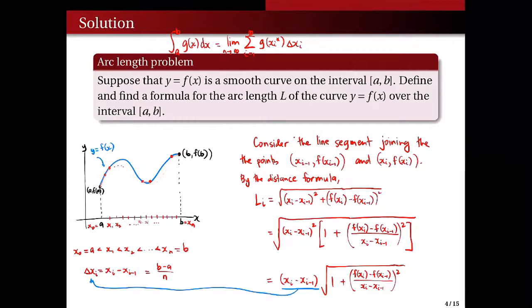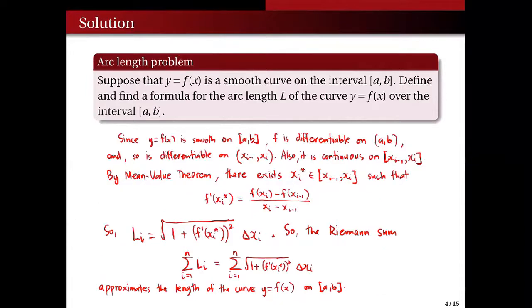And therefore, if we let n approach infinity, if we increase the subdivision, it will better approximate the length. Letting n approach infinity, we will get the length of the curve y equals f of x over the interval AB.